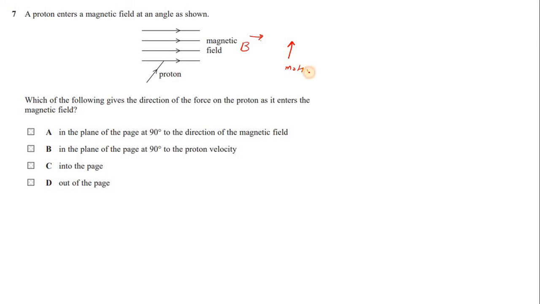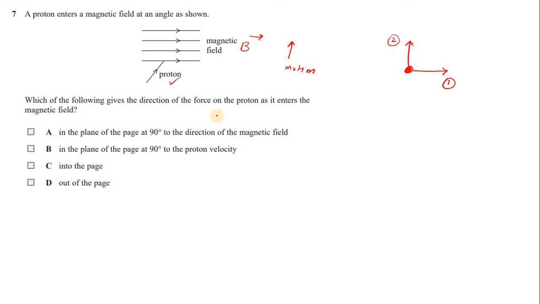So adjust your Fleming's left hand rule. You have a proton, a positive charge. The first finger of your left hand should point to the right side, and then the second finger should point upward. So this is the first finger of your left hand, and the second finger is pointing upward.